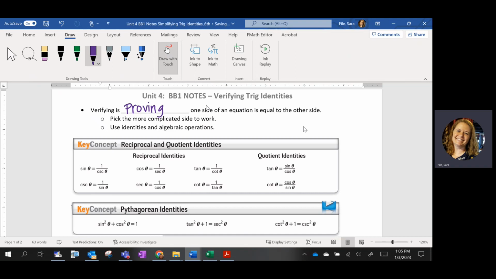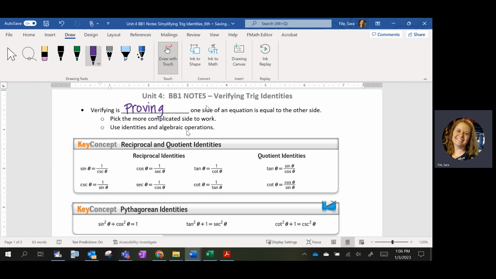When we're verifying or proving an equation, we only work one side of it. We don't move things across the equal sign. We pick typically the more complicated side to work, and we just manipulate it using trig identities and algebraic operations like factoring or simplifying or reducing or multiplying by conjugates or squaring, foiling, all sorts of algebraic operations that you should know how to do.